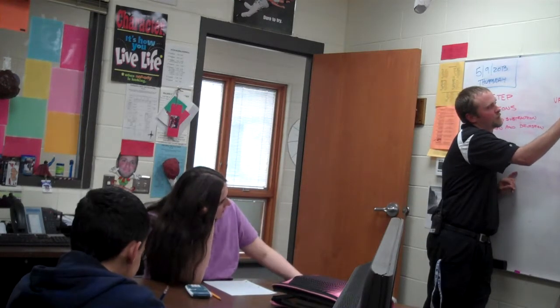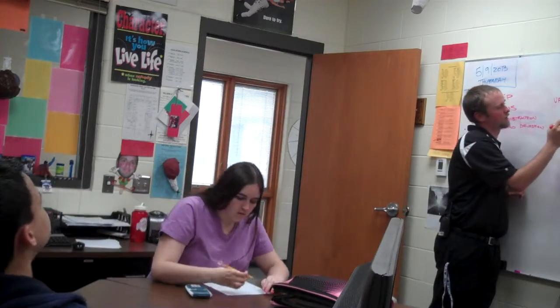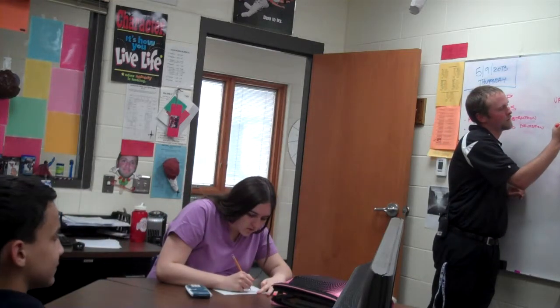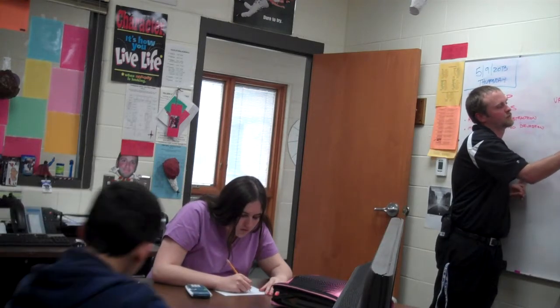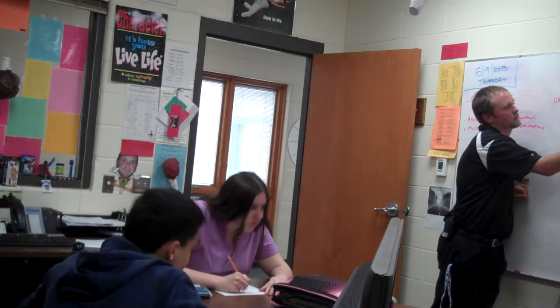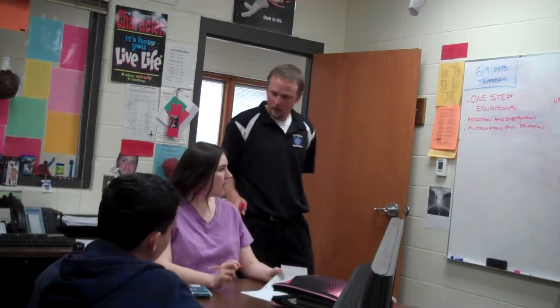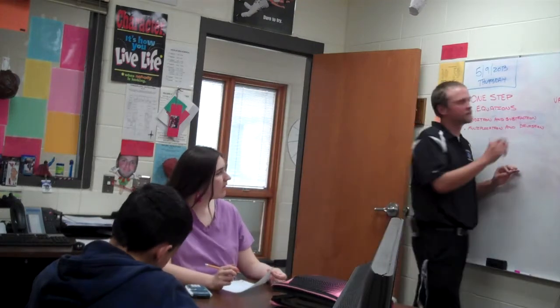I'm going to give us a big example problem here, okay? So it's going to look like this. X plus 5. X and Y. Good. Our letters are our variables, right? Yeah. Good.